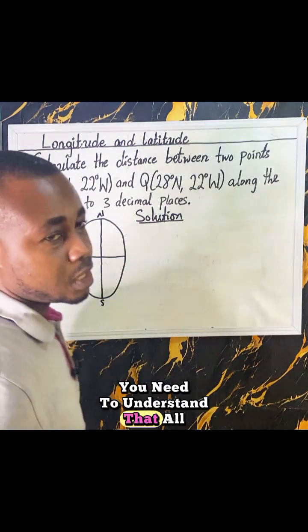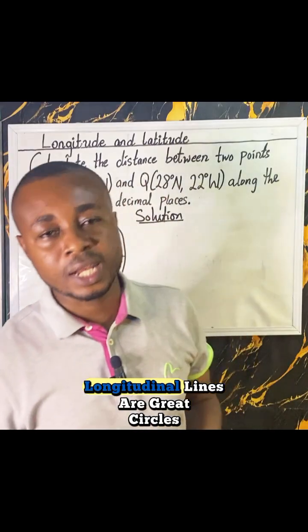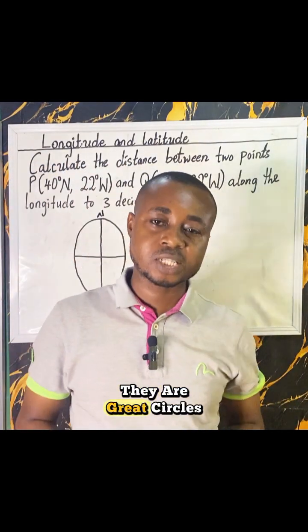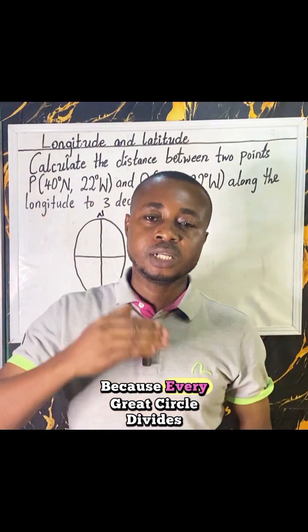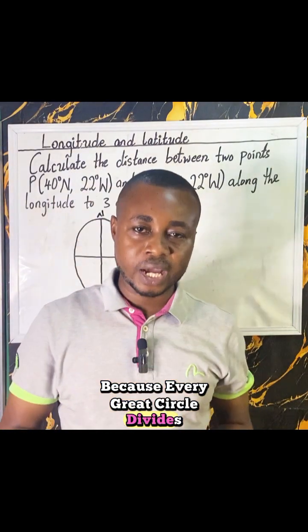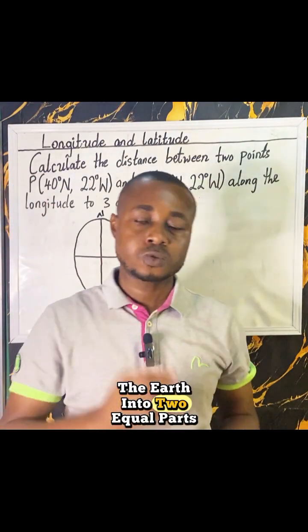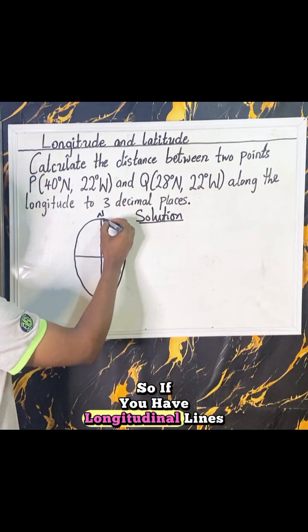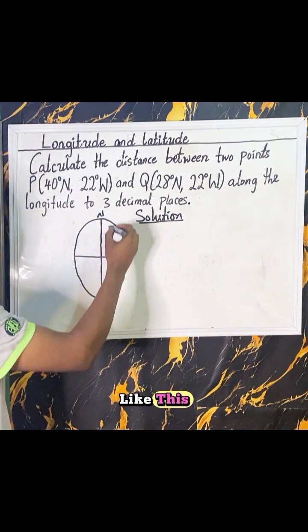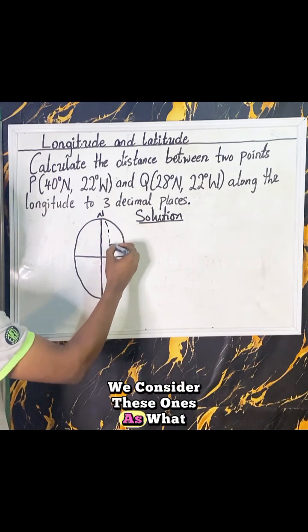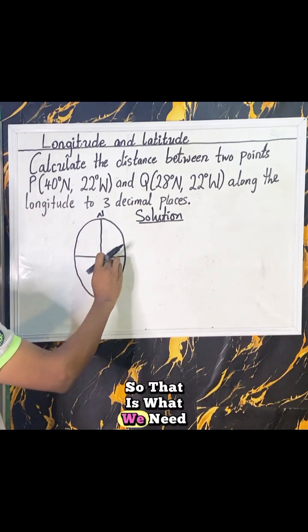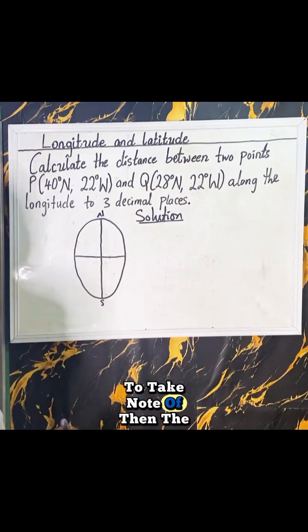You need to understand that all longitudinal lines are great circles. Why are they great circles? They are great circles because every great circle divides the earth into two equal parts. So if you have longitudinal lines like this, we consider these as great circles. So that is what we need to take note of.